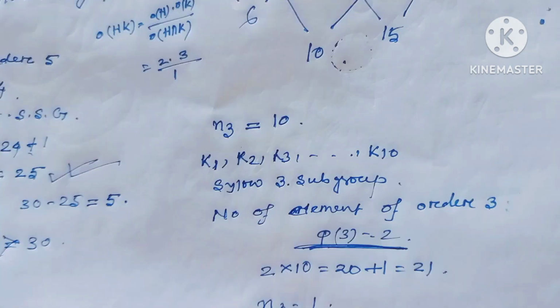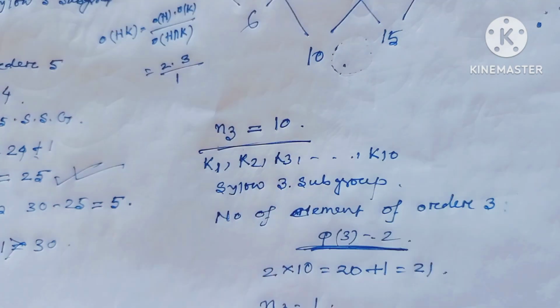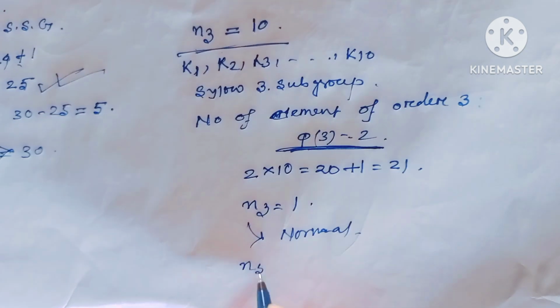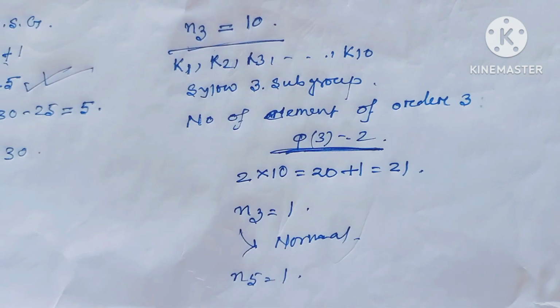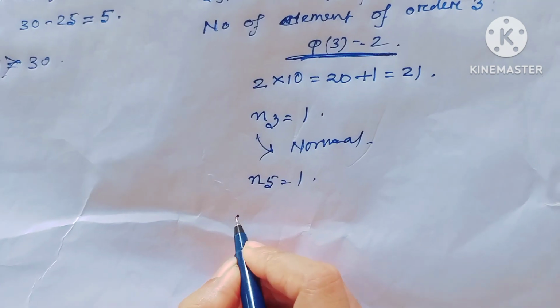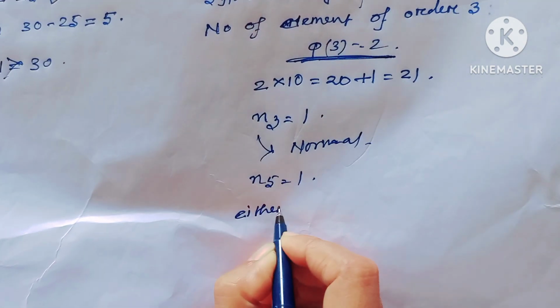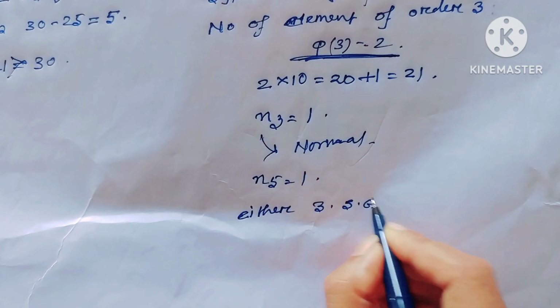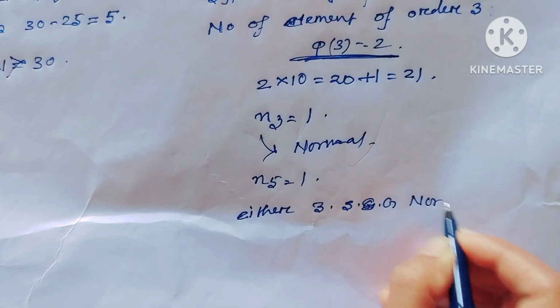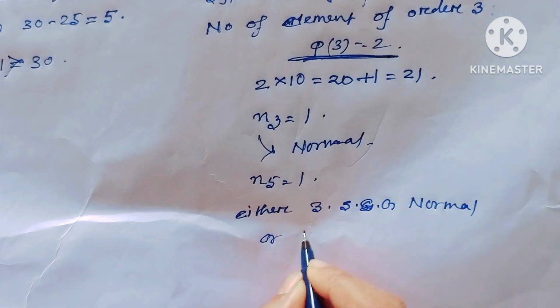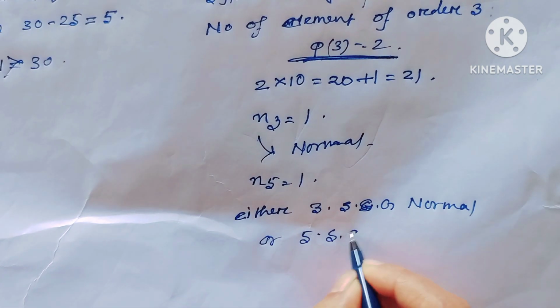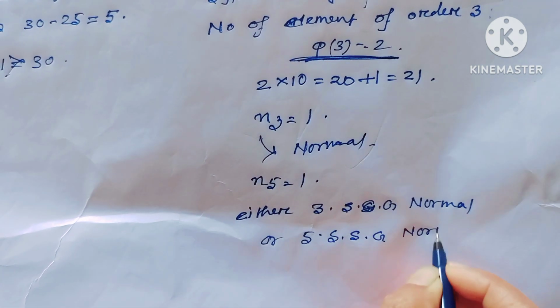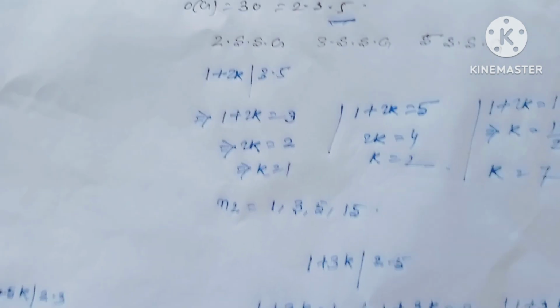Or if the number of Sylow 3 subgroups is 10, then the number of Sylow 5 subgroups must be 1. That means in a group of order 30, either the Sylow 3 subgroup is normal or the Sylow 5 subgroup is normal. I hope till now all my viewers have understood the whole way. Okay.